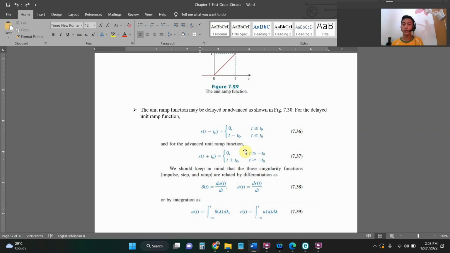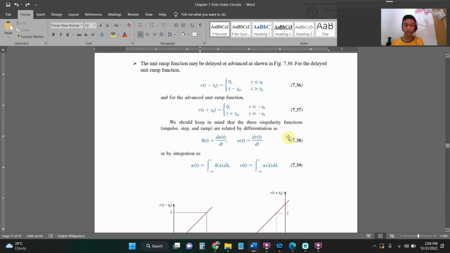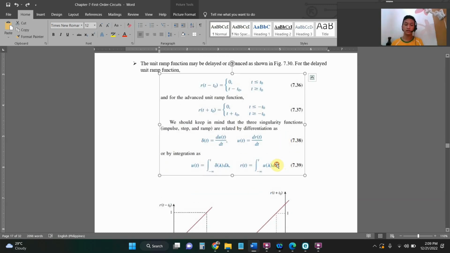By integrating both sides, we can get u(t), and with the initial and final values of negative infinity and t, we can get r(t), again with the initial and final values of negative infinity and t. We can get this formula.